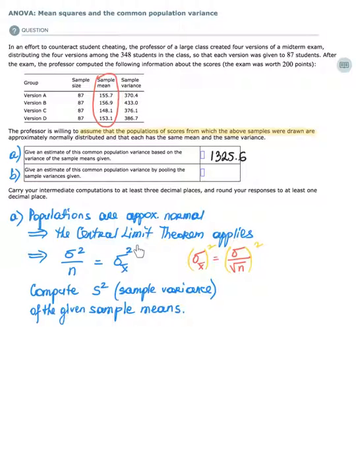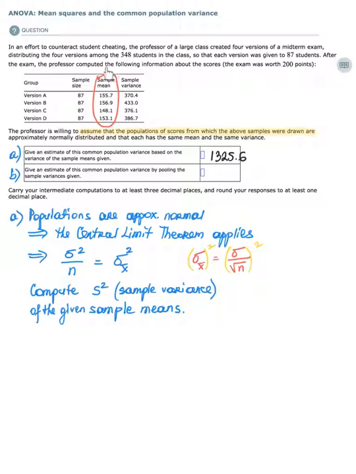We're going to estimate this number by computing the sample variance using the TI-84, and we will use the sample means provided to us. How do I know I can do this? Well, that's what my directions are saying. My directions are saying to make this estimate based on the variance of the sample means given.